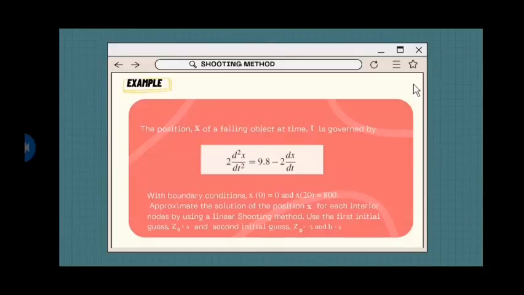Approximate the solution of the position x for each interior node by using a linear shooting method. Let's use the first initial guess z sub 0 equal to 5 and the second initial guess z sub 0 equal to minus 5, and the step size h equal to 5.